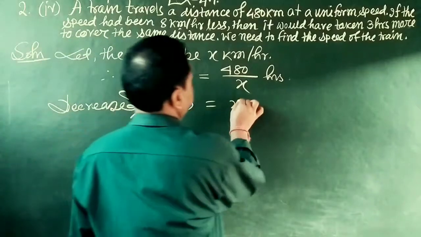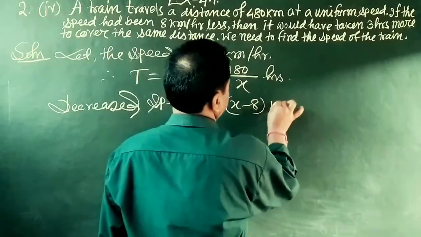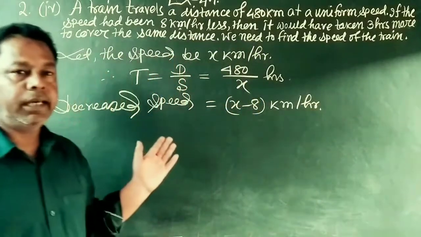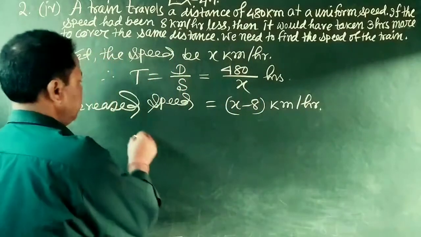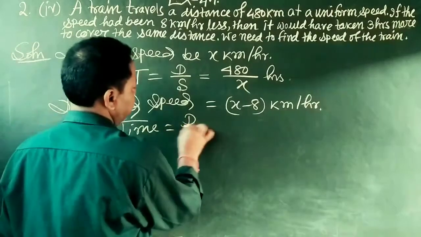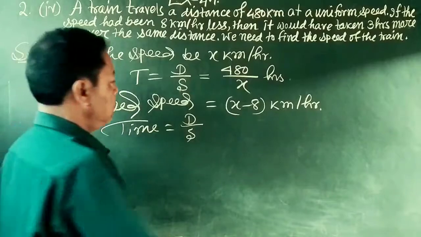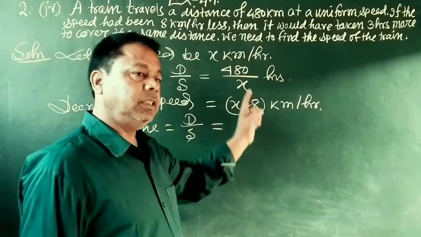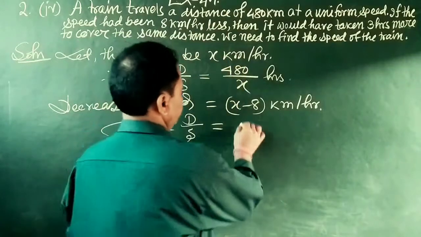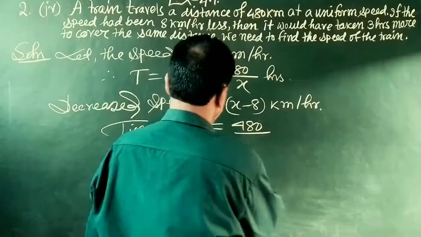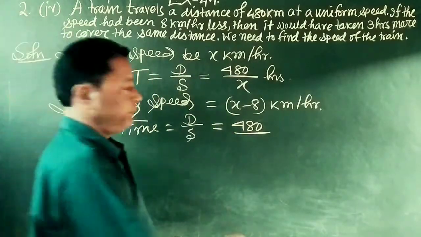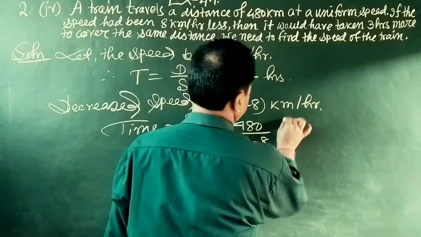So it is x minus 8 km per hour. So when speed is less, it will take more time, right? Therefore time taken equals, same formula, distance by speed. Distance how many kilometers? Fixed, 480. So this is 480 divided by speed, x minus 8, this many hours.